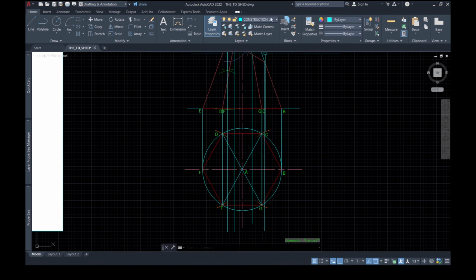So let us proceed to construct these lines in order to complete our plan.